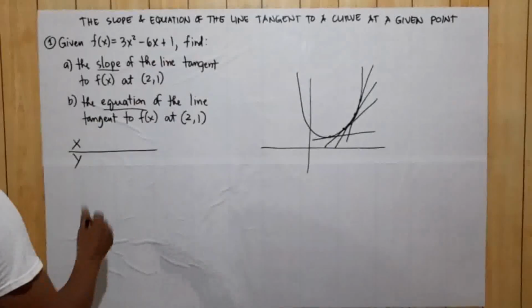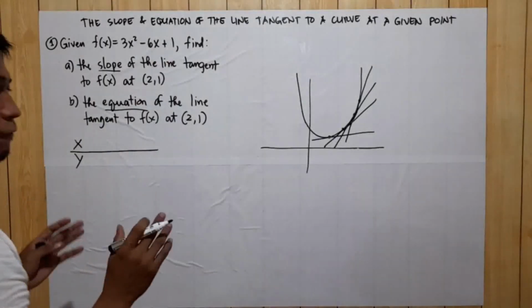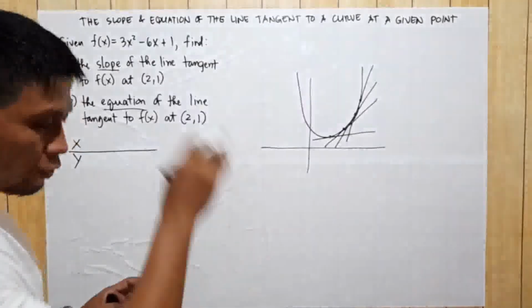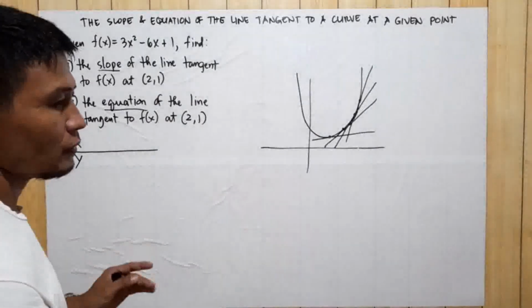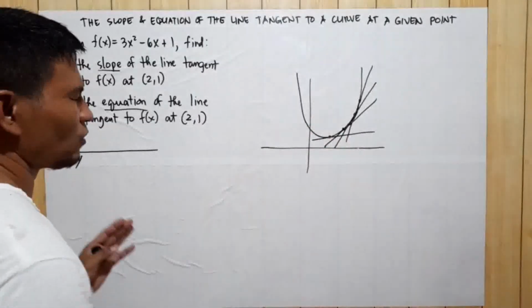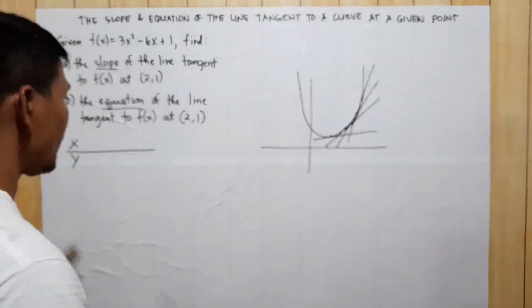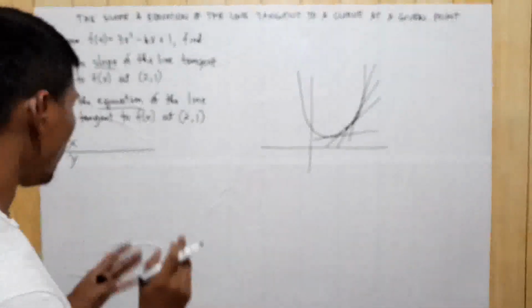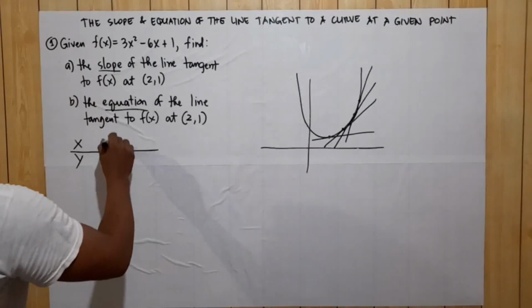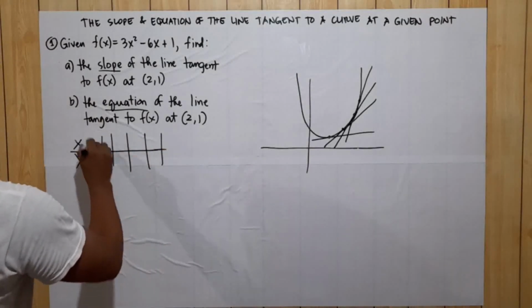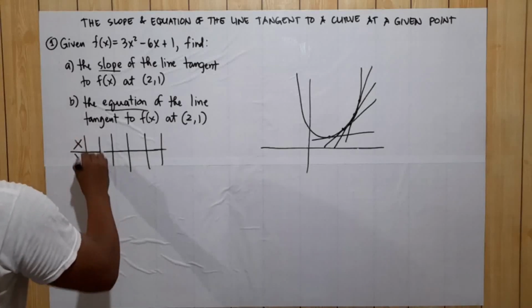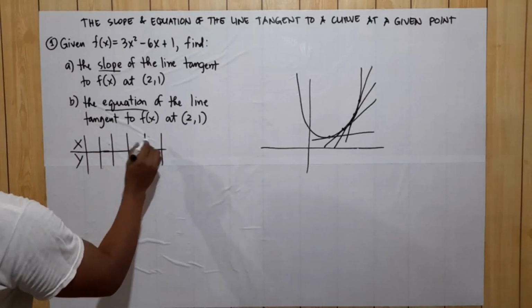Sa 5 na ordered pairs na yon, yung gitna ang una natin kukunin, para isosolve na lang po natin ay yung dalawang going to the right at dalawang going to the left ng mga x at y partners na yan. Gawa po tayo ng 5: 1, 2, 3, 4, 5.